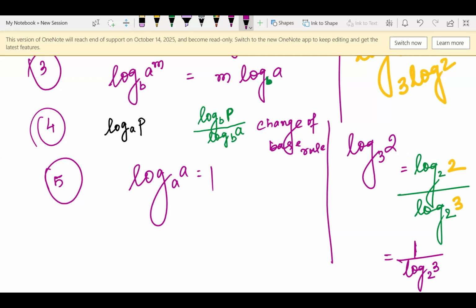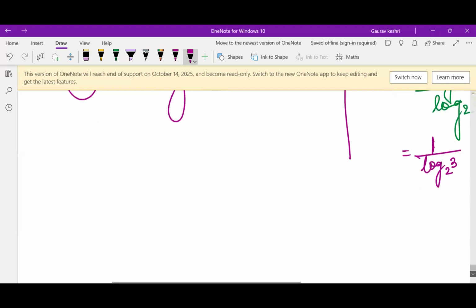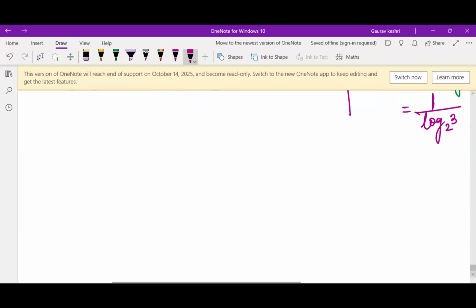First, note it down. Now, any function which is in the form of, let's say, y is equal to log x base b.